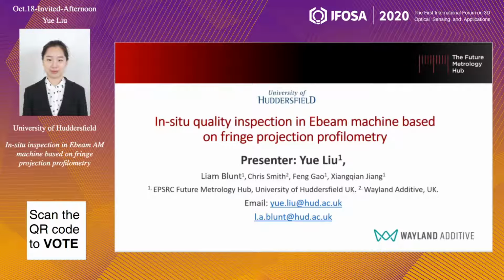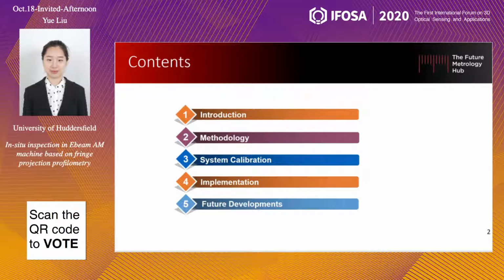My name is Liu Yue. I come from the University of Huddersfield in the UK. I will divide it into five parts: a brief introduction, a methodology about the principle of this technique, our system calibration, implementation, and future developments.